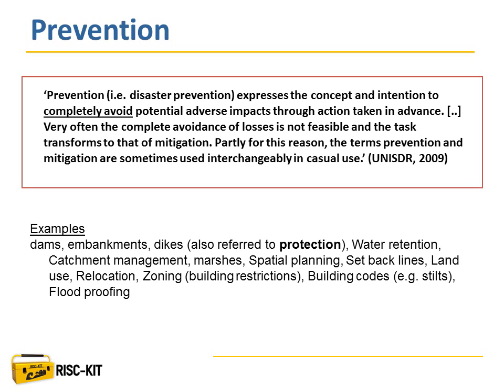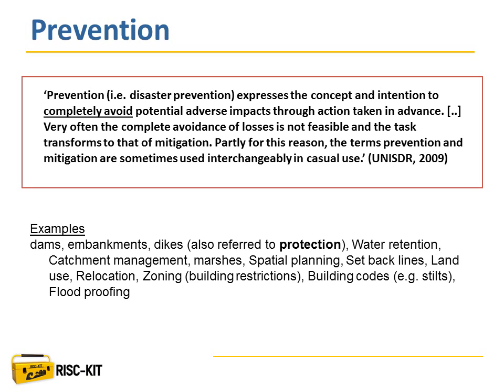Preventive measures are the ones that completely avoid the impacts. Total avoidance is usually not feasible, and there's a little bit of gray area with the other category called mitigation. But the intention of preventive measures is to completely avoid the impact of a hazard.